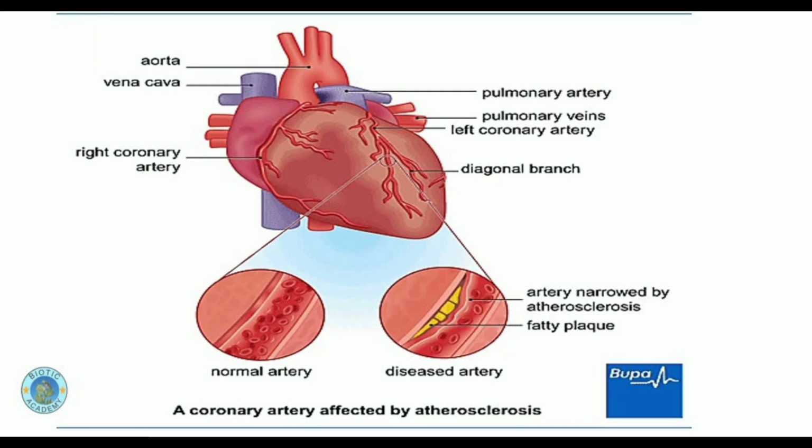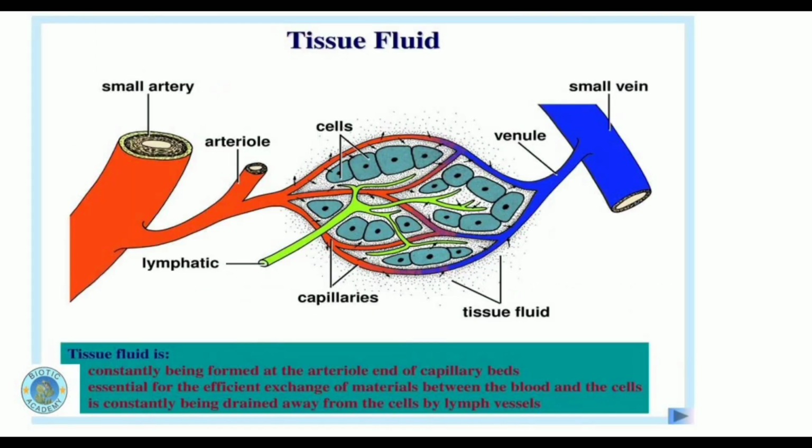Now, if we talk about the transport of nutrients and oxygen through these blood vessels to each and every cell of the body, how do these nutrients get transported to the cells? The blood vessels bring the nutrients and oxygen towards the cells, but how are they absorbed inside the cell, how do they enter the cell?